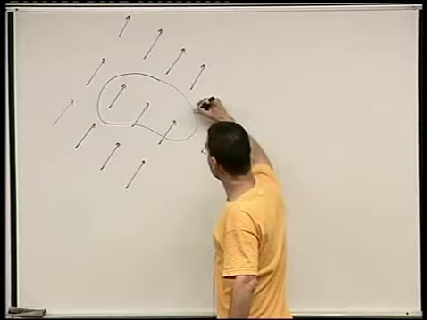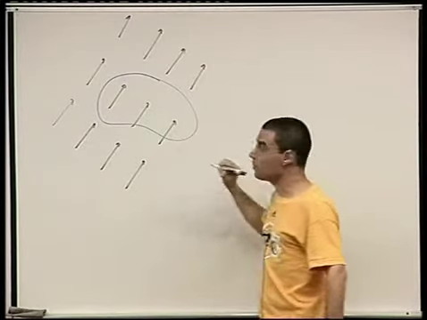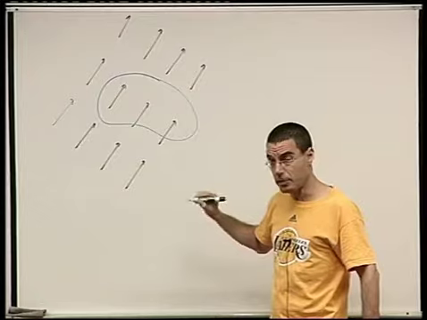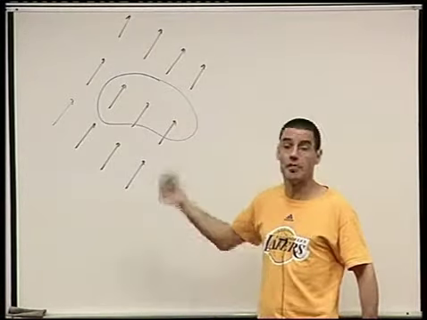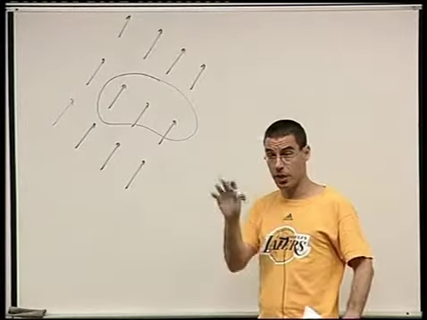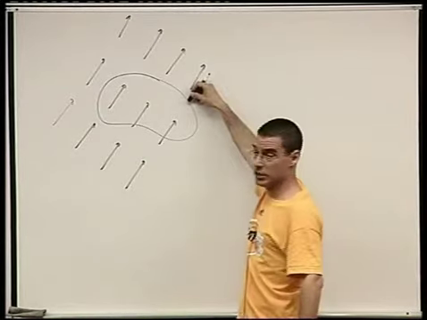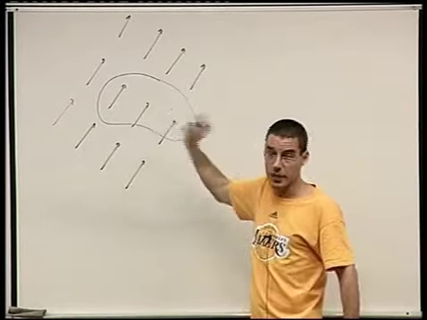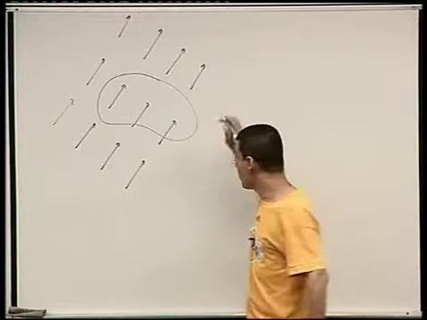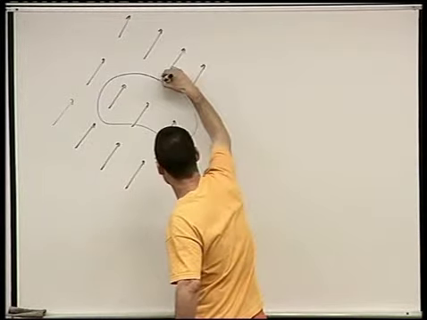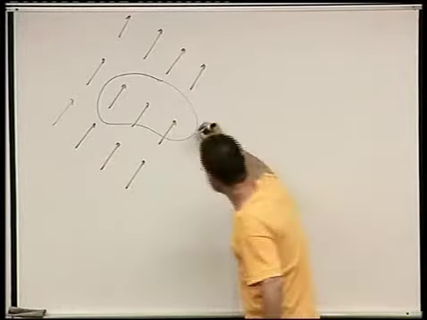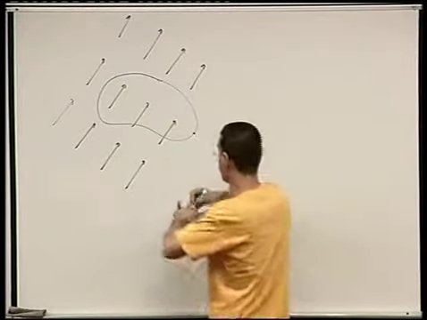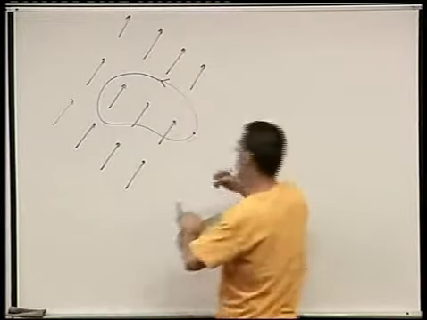It's not true that at every point the field is perpendicular to the curve, which would obviously mean zero circulation because the component of the field in the direction of the tangent vector is zero. However, at this point, for example, the field is perpendicular to the curve. But at this point, suppose the curve is oriented in this direction, doesn't matter.